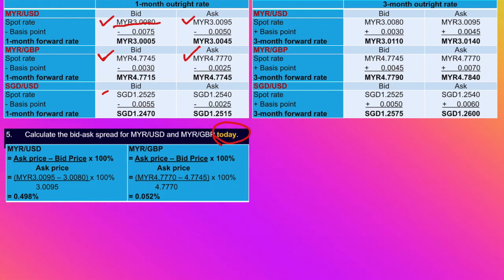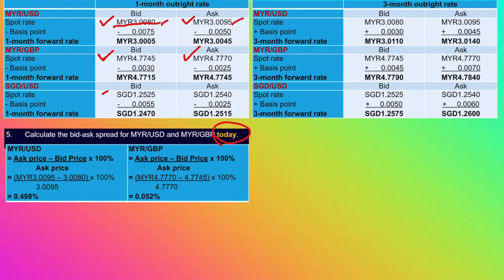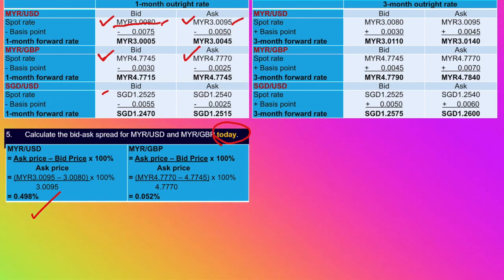So 3.0095 minus bid rate 3.0080, divided by ask rate 3.0095, so you will get 0.49498%.